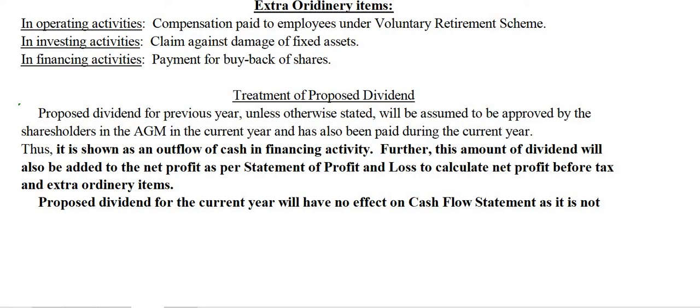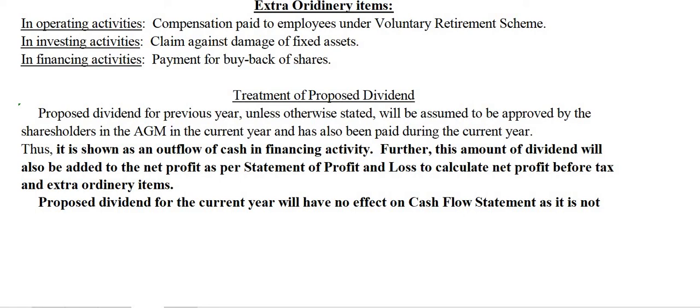Okay, and that amount after deciding, it will be shown in the profit and loss account of that year. And if dividend is decided to give, that will be given in the next year. So that's why when we are preparing cash flow statement for current year, proposed dividend for the previous year will be treated as paid during the current year.